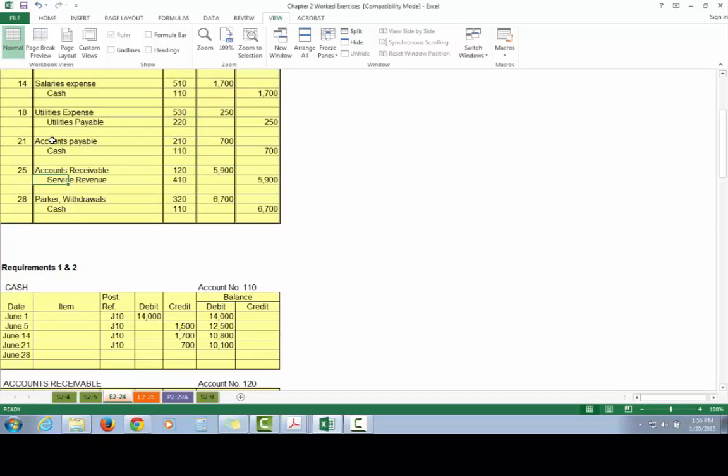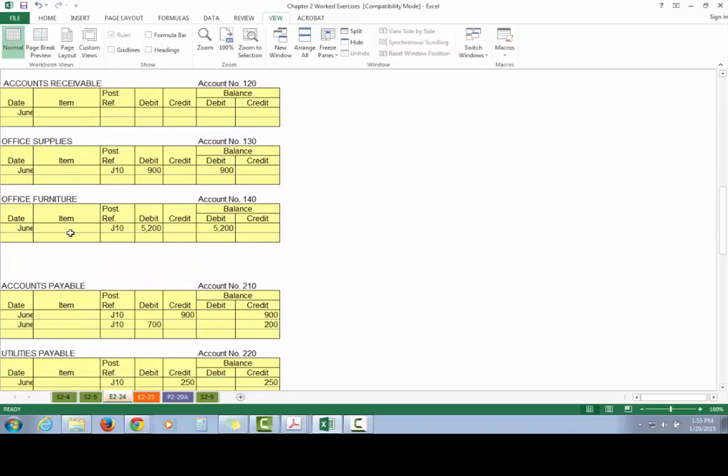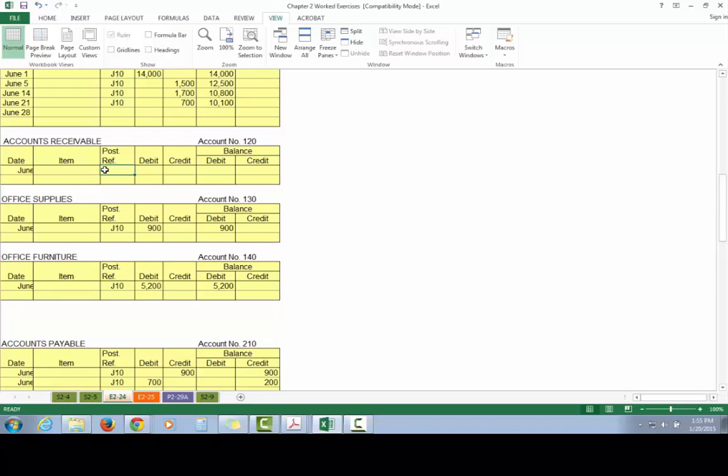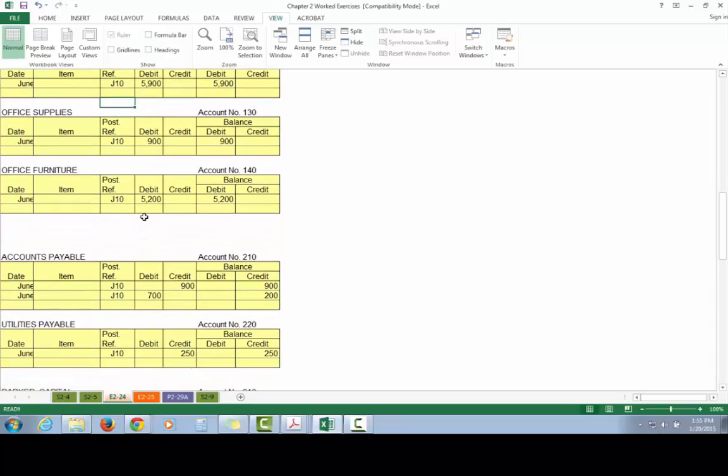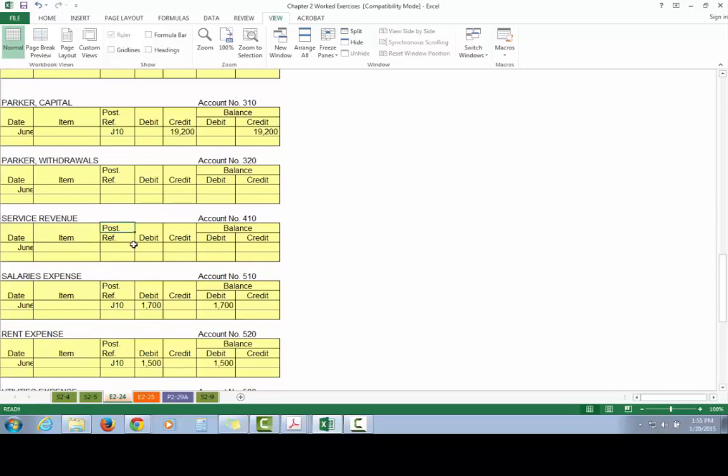Okay, the last thing was over here, we're going to have accounts receivable, debit, $5,900, and credit service revenue, $5,900. So I'm going to go to accounts receivable, debit at $5,900, and go to service revenue, $5,900 credit.